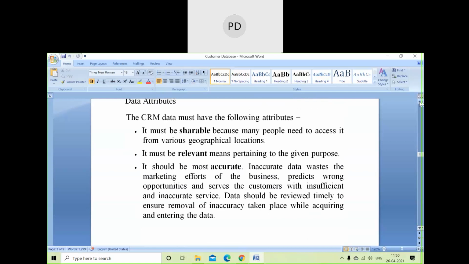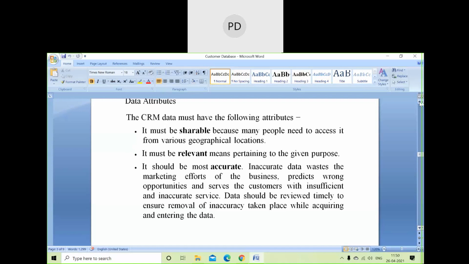Okay, so the data should be shareable from one geographical place to another geographical place. If it is not shareable, then there is no use, because we cannot use that information for any purpose. Okay. So next is relevant. Yes, accurate and relevant information is very much needed.